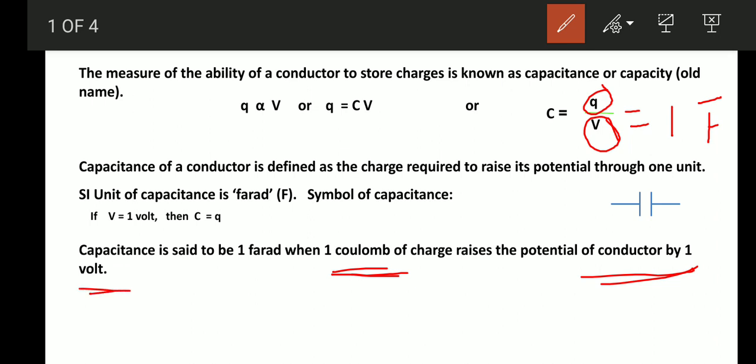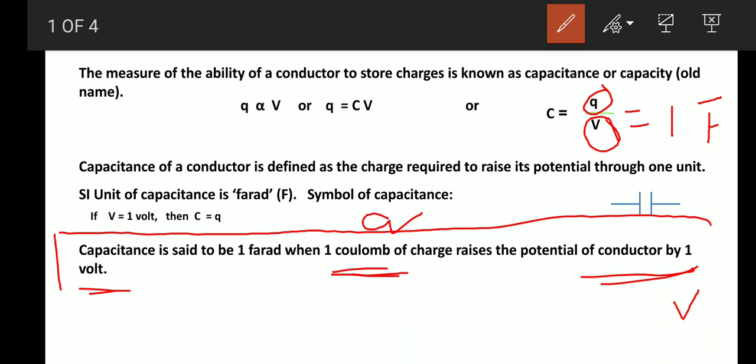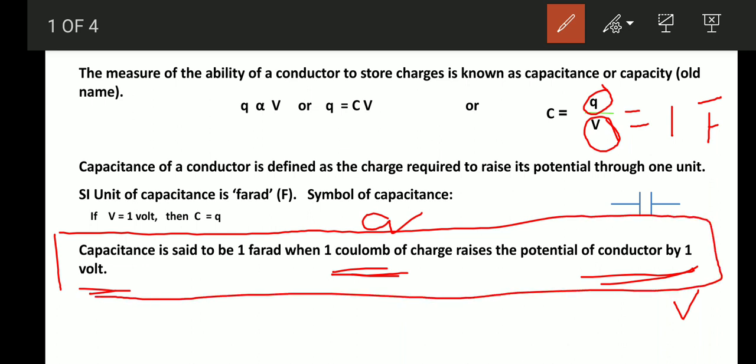So Q is equal to 1 and V is equal to 1, so the capacitance will be equal to 1. This is another short answer. Define the unit of capacitor. The SI unit for capacitor is farad. 1 farad is defined as 1 coulomb of charge raising the potential of the conductor by 1 volt.